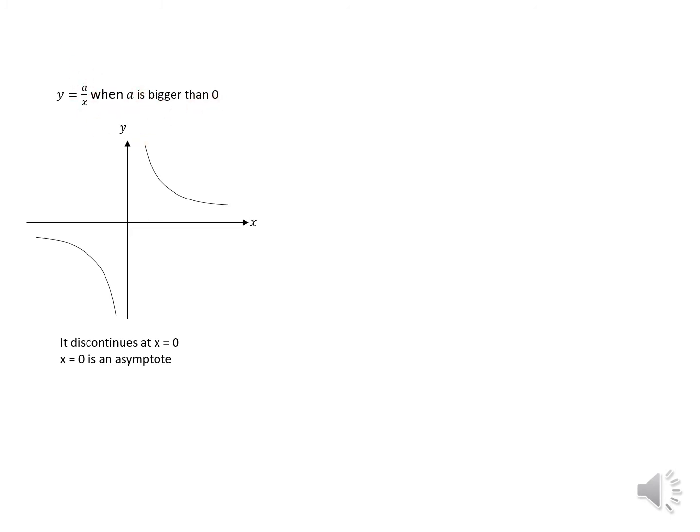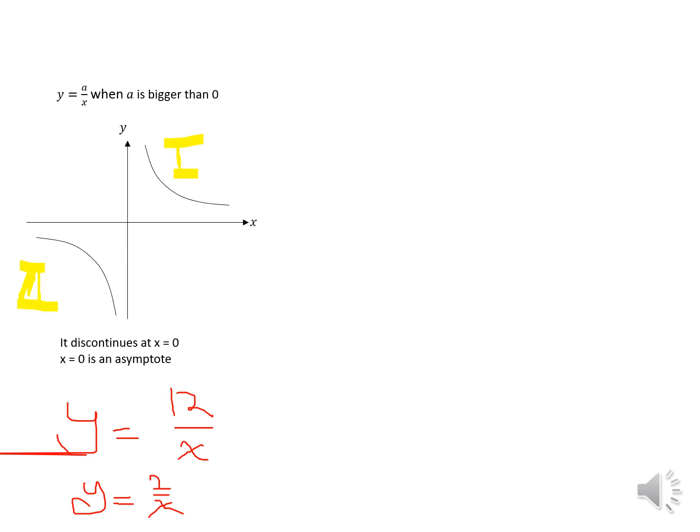If a is bigger than 0, this means that when you get graphs of the form, maybe y equals 12 over x, or y equals 2 over x, then we expect the curves you draw to be in the first quadrant, as well as in the third quadrant. This is how these curves would be.